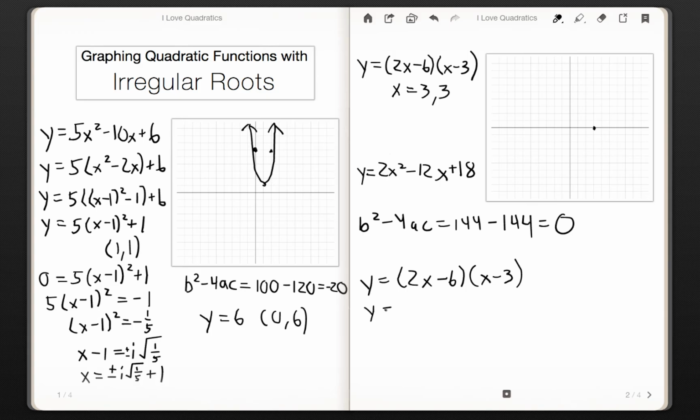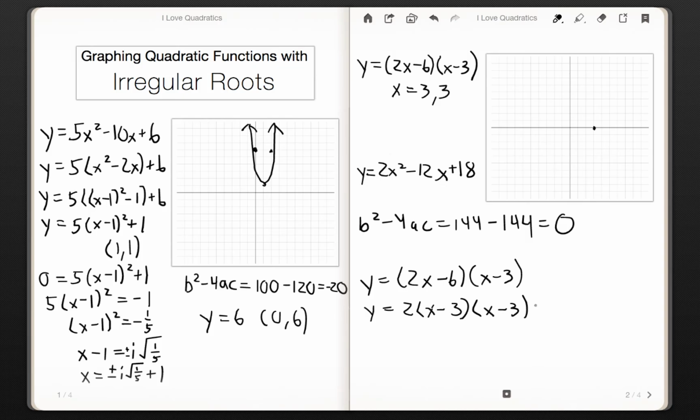Now, when we factor out a 2, you're going to see why that happened. If we factor out a 2 from this, we'll get 2 times x minus 3 times x minus 3. So really, these were the exact same. It's just that this had been multiplied by 2. But multiplying it by 2, x is still the same number in order to get it equal to 0, because when we factor it out, we get the exact same thing.